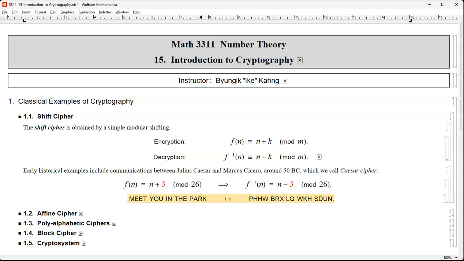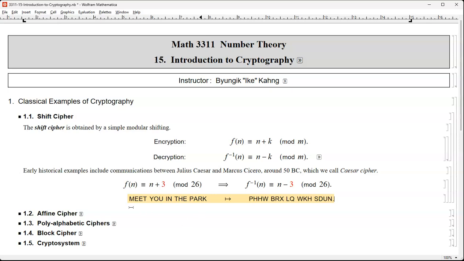And of course, we are using modulo 26 because there are 26 letters in the English alphabet. For other European languages, the modulus may have to be changed a little bit. And if you include all those punctuations as well, then it will have to increase even further. Let's keep it simple, just 26 letters, and disregard the space.